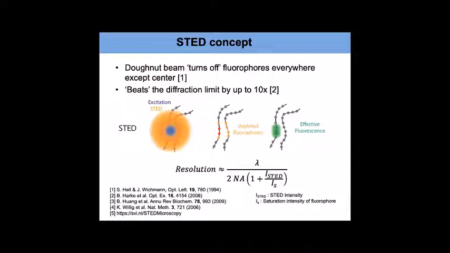And so those effectively turn off and you get a much smaller point spread function out. Okay, and this is the equation for your resolution, which depends on the intensity of your STED light divided by the saturation intensity.